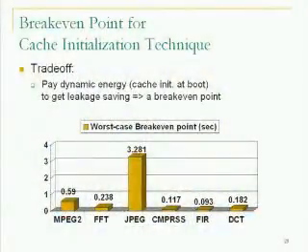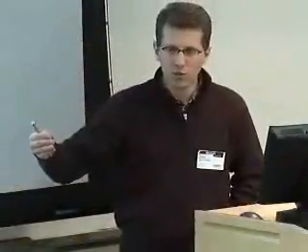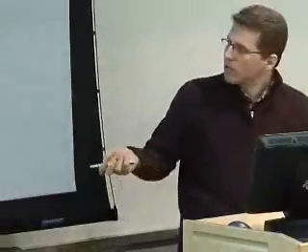So regarding the third technique, cache initialization, again, you have to pay some dynamic energy to execute some instructions to initialize the cache so that you get some leakage saving. So there should be some break-even point between these two. We measured it using the typical energy consumption of instructions in M32R in our implementation.